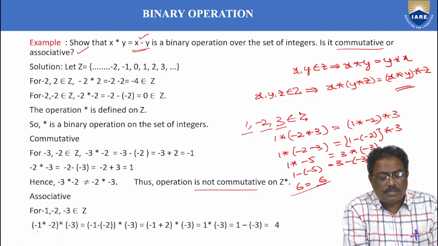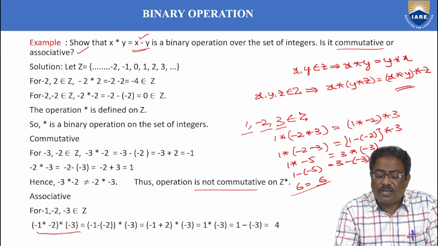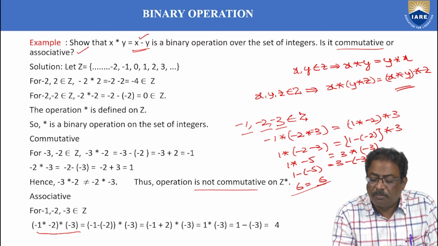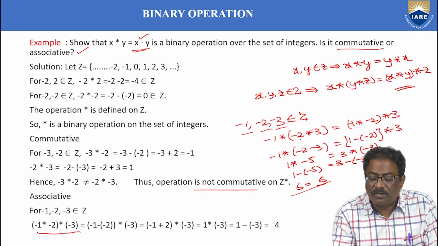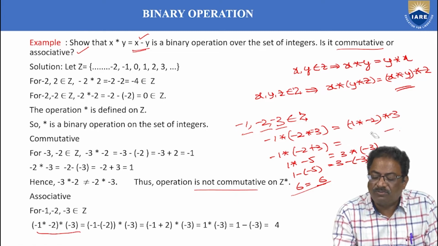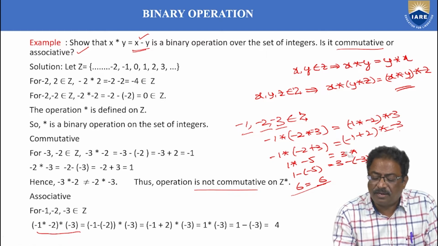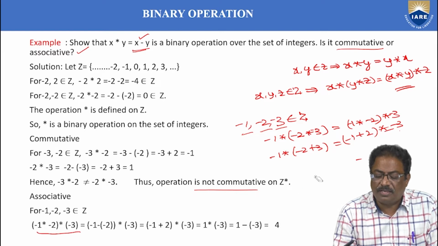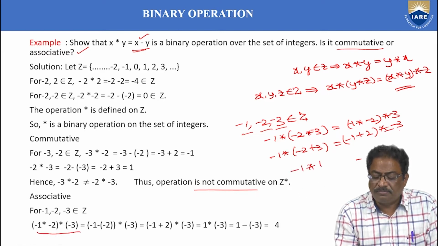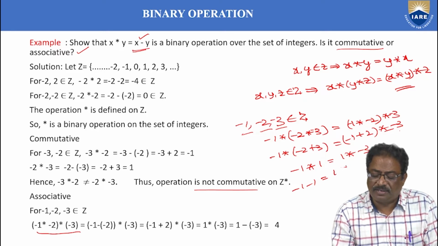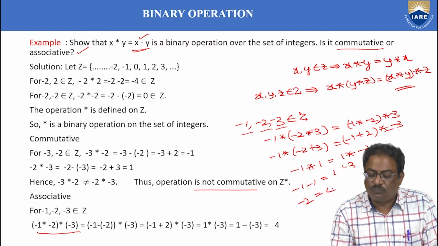Calculating this, -1 star -2 is -1 plus 2, which is +1, and then 1 star -3 is 1 minus of -3, which is +3, and on the other side we get -2, so 4 is not equal to -2, which is not correct.